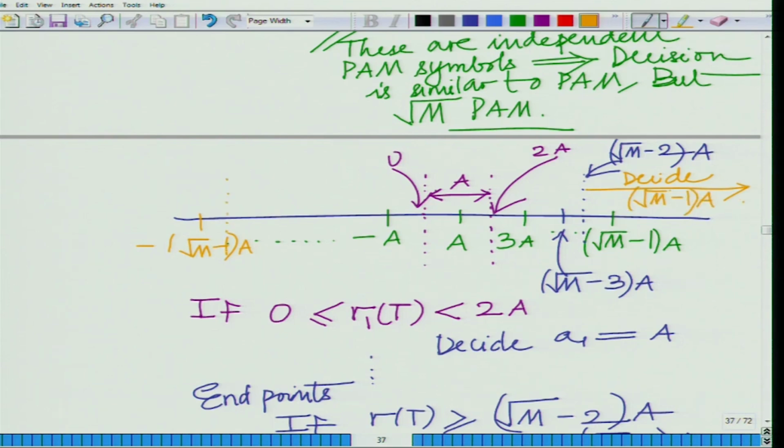Similarly, if it is less than minus square root M minus 2A, you decide either A1 or A2, and generally you can say AI equals minus square root M minus 1 times A.